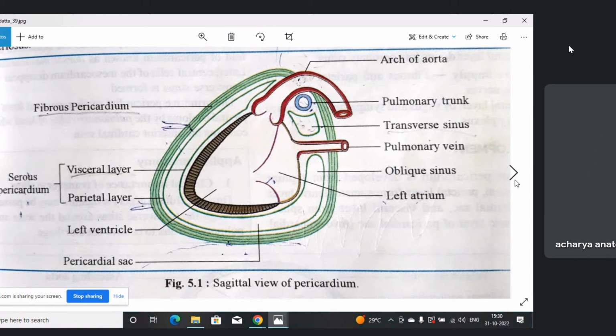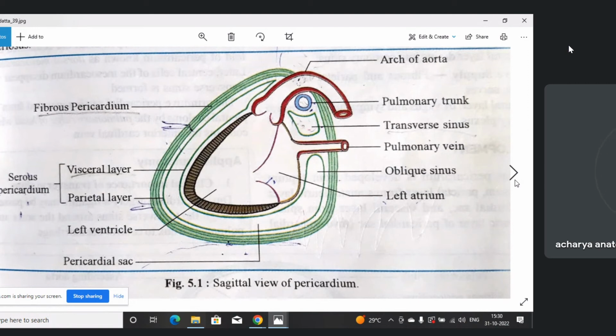Posteriorly, what are the two layers? Parietal layer and fibrous pericardium. Write down the two layers: parietal layer and fibrous layer of pericardium posteriorly.